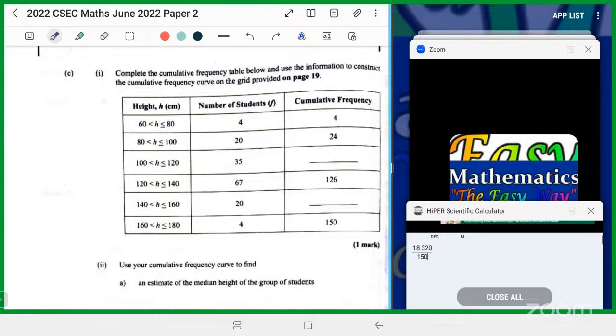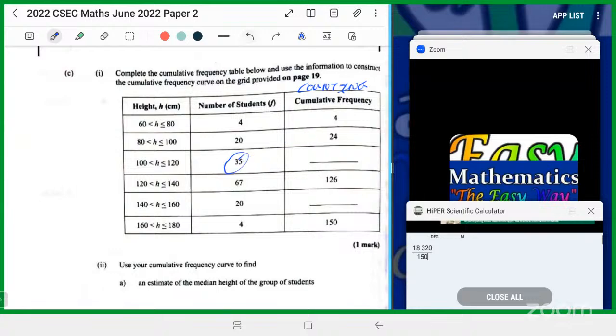All right. So we just need to fill in these two. Remember now that the cumulative frequency column is your counting column. You're counting the students as you go from group to group. You're counting how many students have a height less than or equal to these upper boundary heights. So you have 24, which is the sum of those two. Now to get this one, I need to add this one to this.